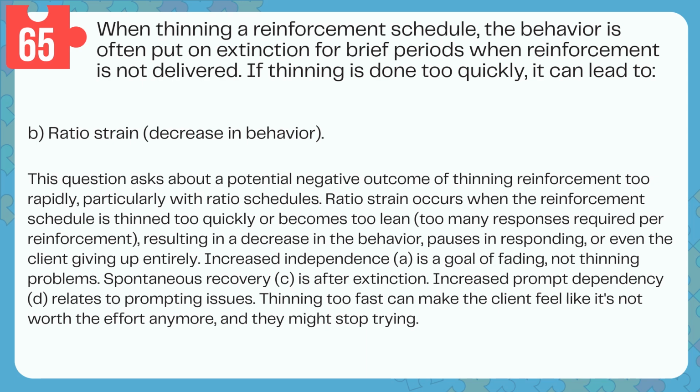Increased independence, A, is a goal of fading, not a thinning problem. Spontaneous recovery, C, is after extinction. Increased prompt dependency, D, relates to prompting issues. Thinning too fast can make the client feel like it's not worth the effort anymore, and they might stop trying.